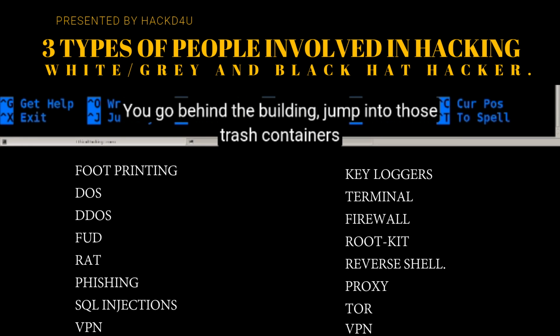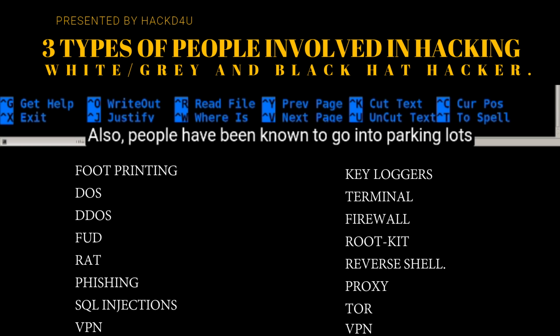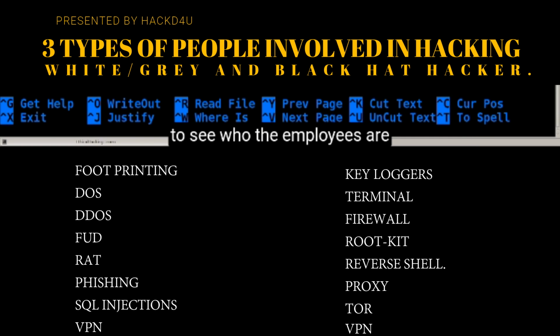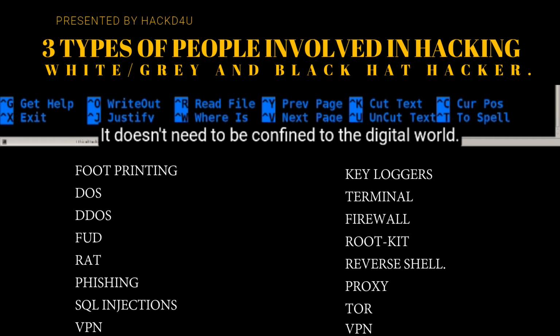Go behind the building, jump into those trash containers, and get some information from there. Also, people have been known to go onto parking lots to see who the employees are, who works there, all sorts of things. So this is just general information gathering in regards to your chosen target. It doesn't need to be confined to the digital world.